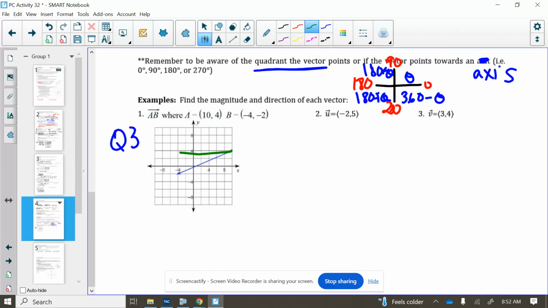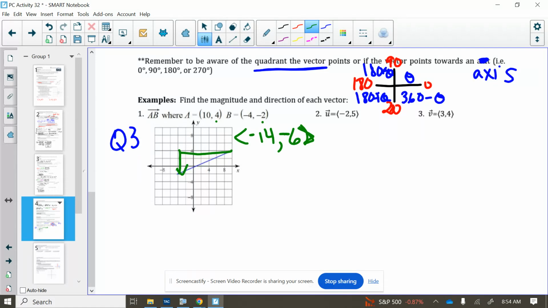So we moved from positive 10 over to negative 4, so that's a total of 14. And then down 6 units. Notice we were up at positive 4, moving down to negative 2, so that is a total of down 6 units for our component form.